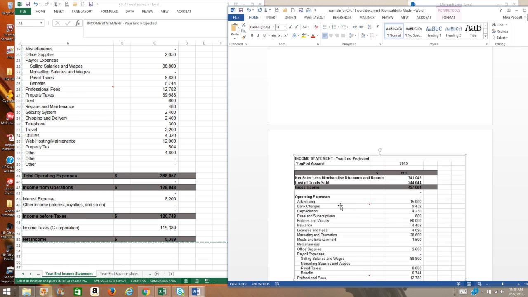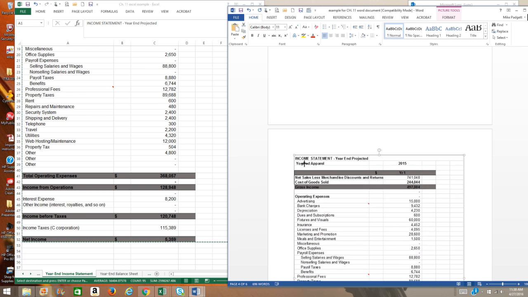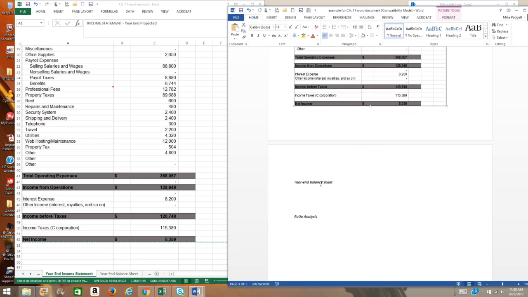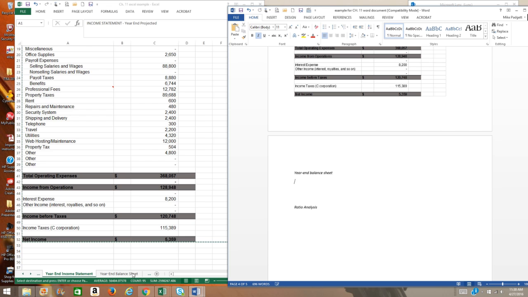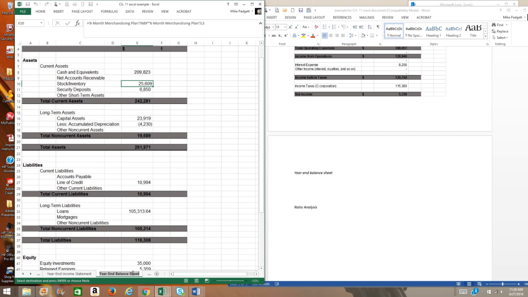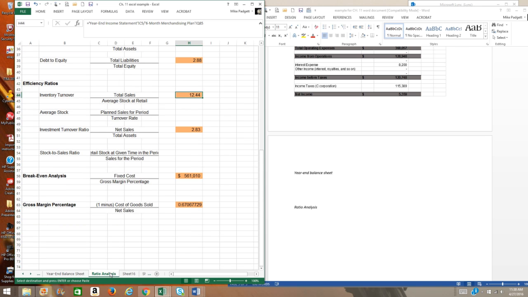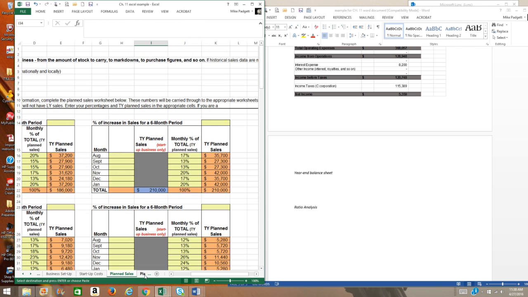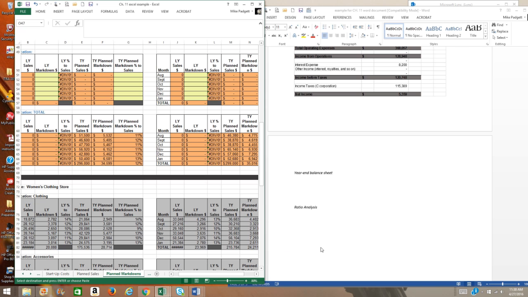And then if you want to try to fit it all on one page, you can always drop it down a little to get it to fit. And then you would put your end balance sheet on there, and then your ratio analysis on there. So that would be all of your main forms that you're going to go through to list on the Word document and where all of this information was pulled from.